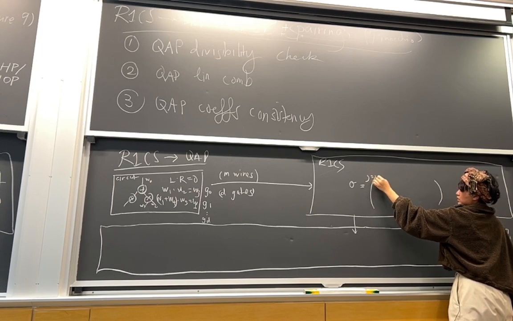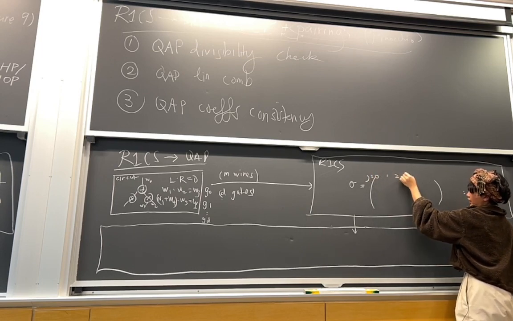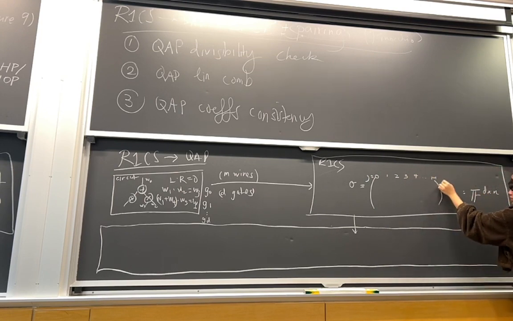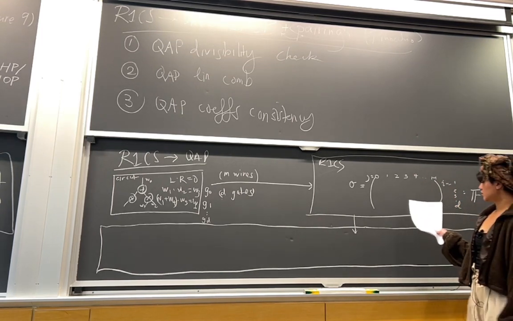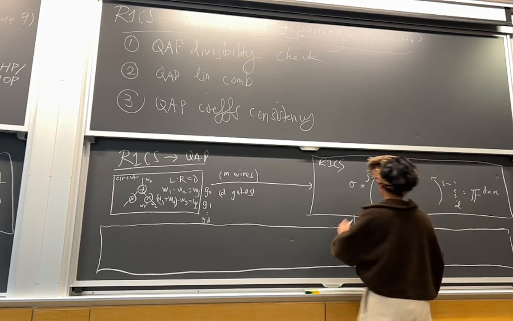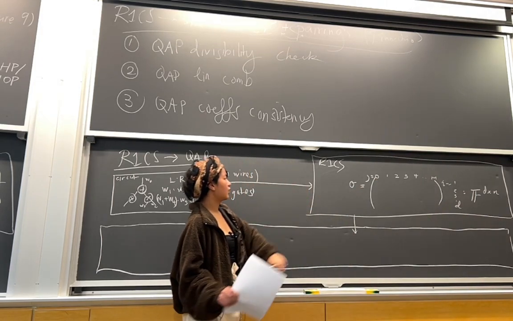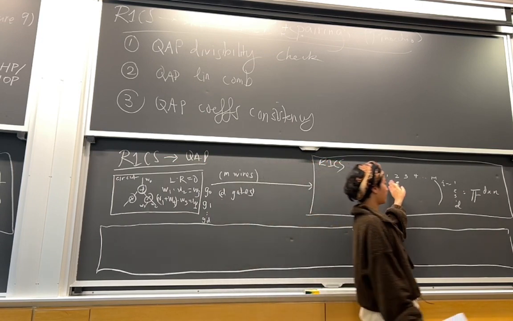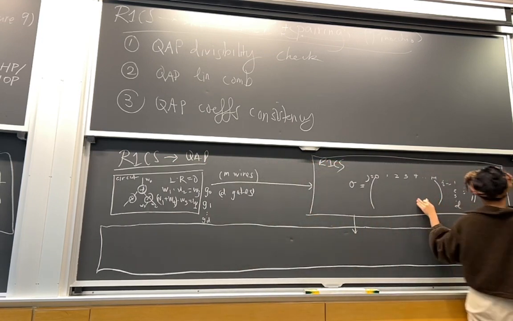In the columns, we index the variables, the wires. And on the rows, we index the gates. And so these are the coefficients of each variable at the output wire of each gate.